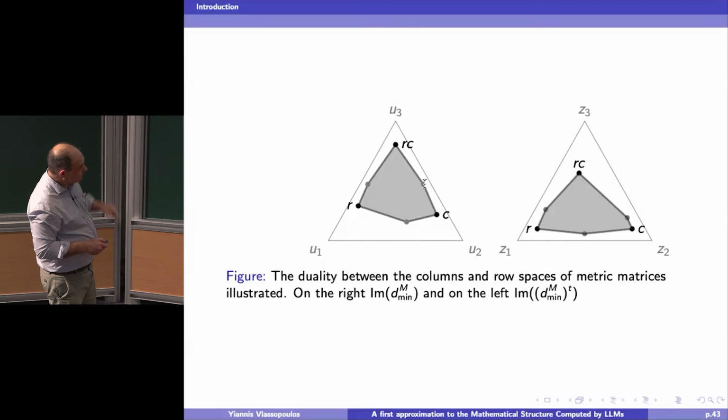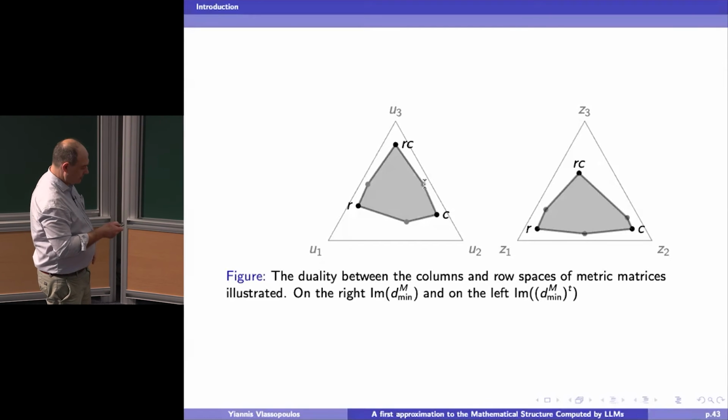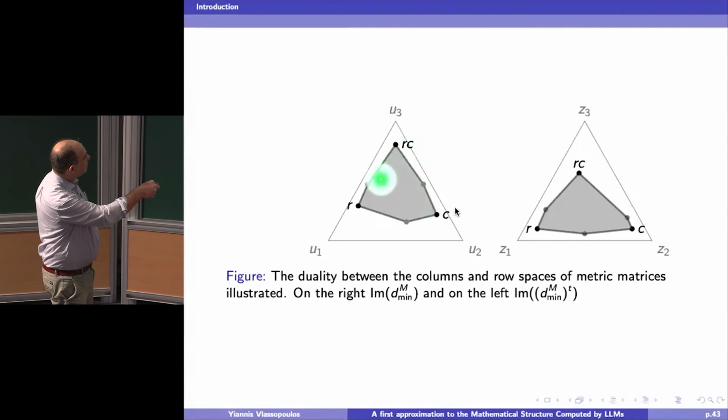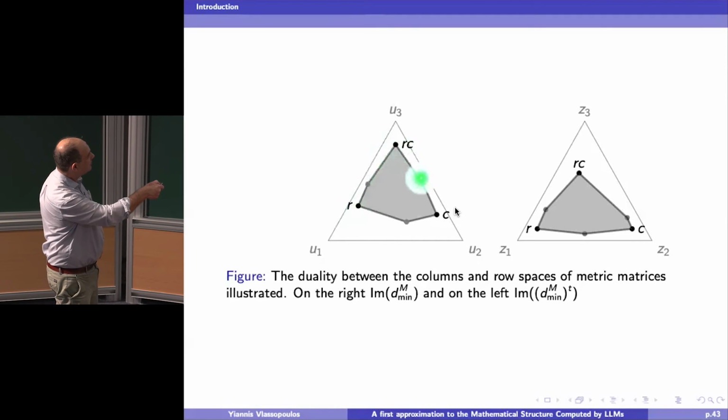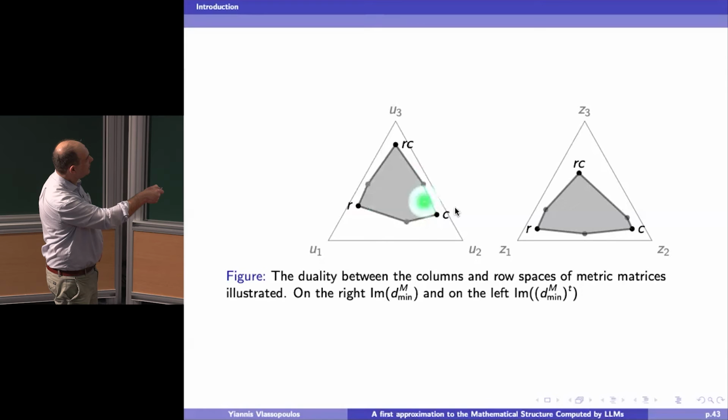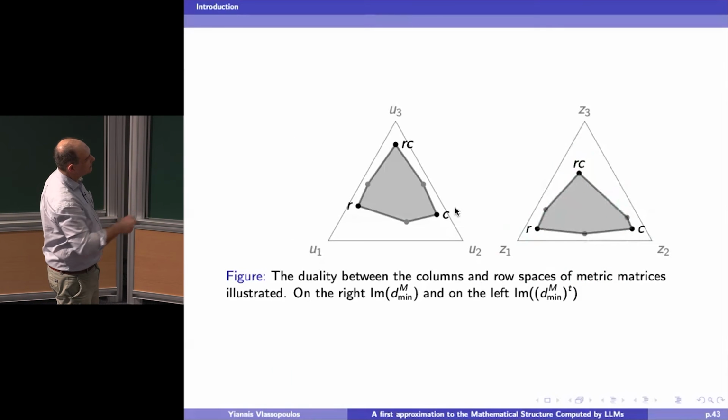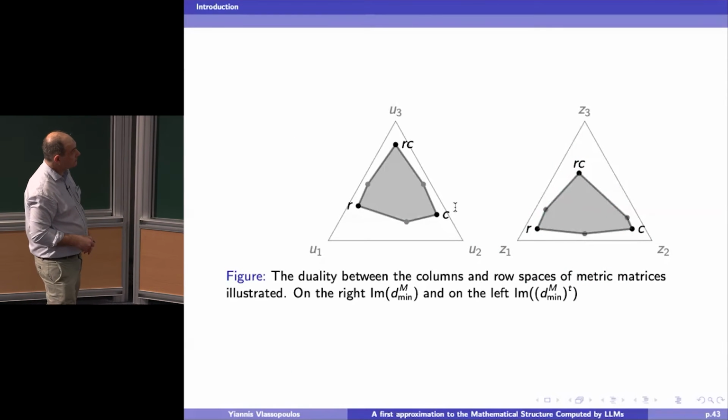But as m goes to infinity, you get the previous picture, where this collapses. R and RC go on the boundary and collapse. So this vertex and this vertex disappear, but this vertex survives. And here all the 3 vertices disappear and just the 3 survive.